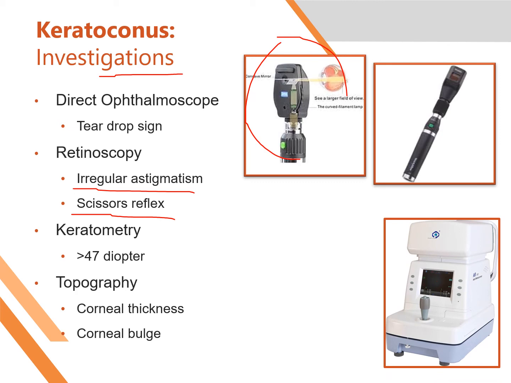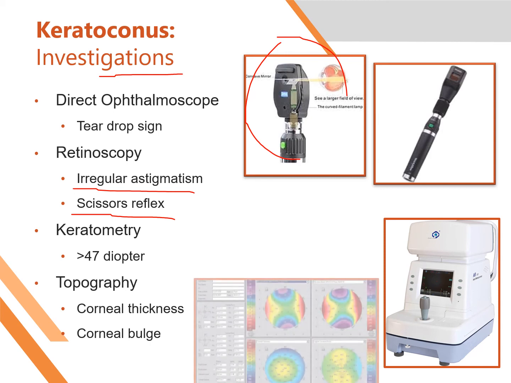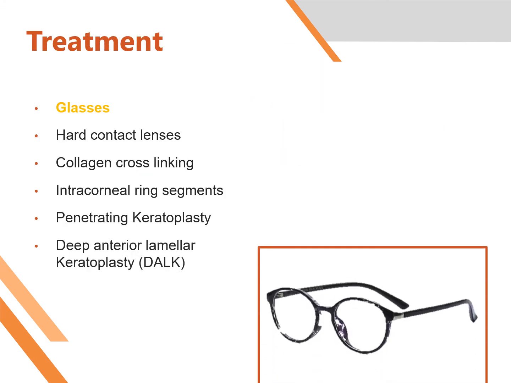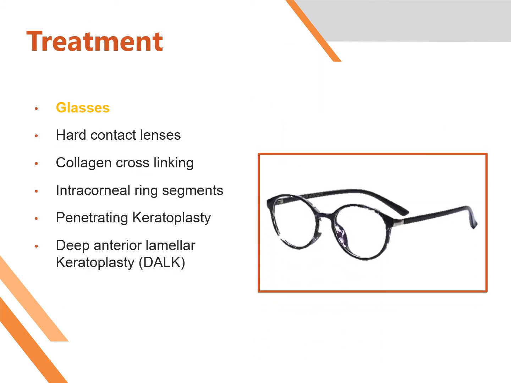Then you can use the keratometer, in which the keratometric reading is more than 47 diopters. That's a very good indication that the patient may have keratoconus. And then a definite diagnosis can be made with corneal topography, which can measure the corneal thickness and the corneal bulge in different ways and can give you a very good idea whether the patient has keratoconus or not.